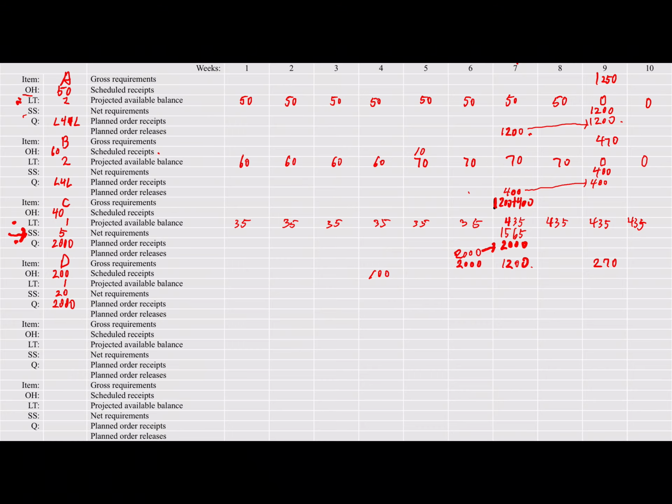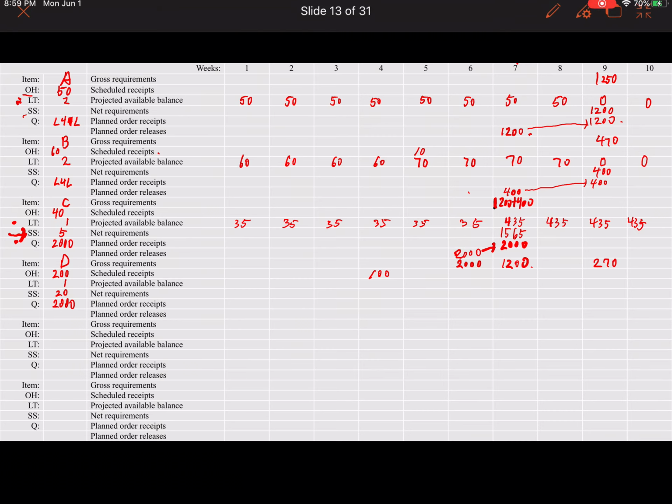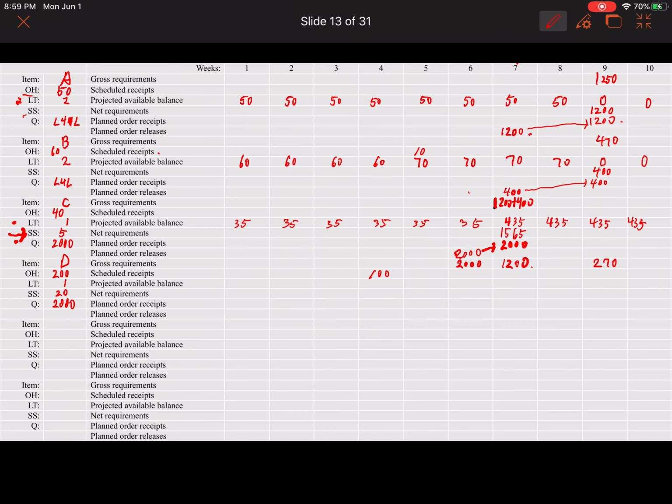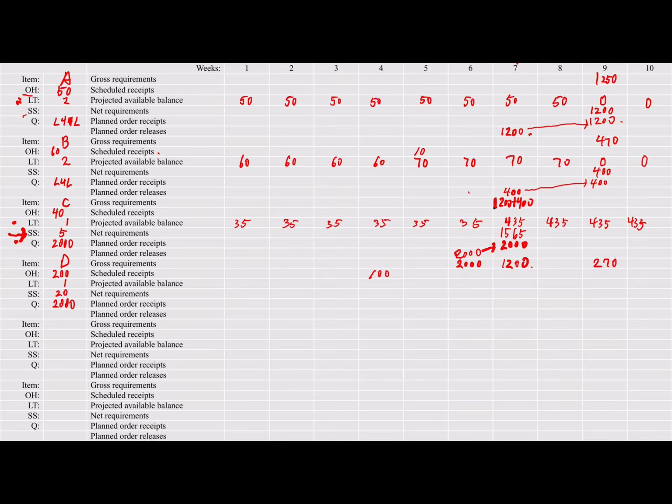All right, it looks like I made a little mistake here. This is not 2,000, it actually should be 4,000. The reason is that in our product tree, for each C we actually require 2 Ds.